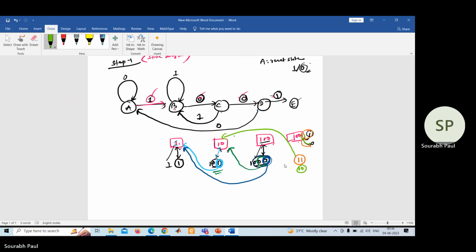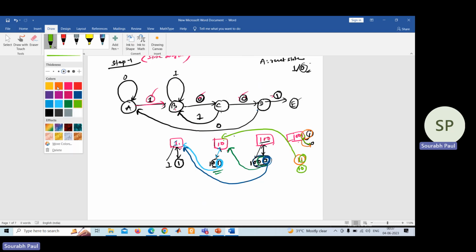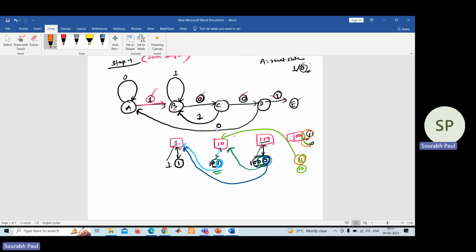Okay. So first compare with the 2-bit state. So this 1, 1 with 1, 0, are they matching? No. Then what you need to do? You need to take the last bit. What is it? 1. So 1 has to be compared with the 1-bit state. Okay. What is the 1-bit state? That is 1.